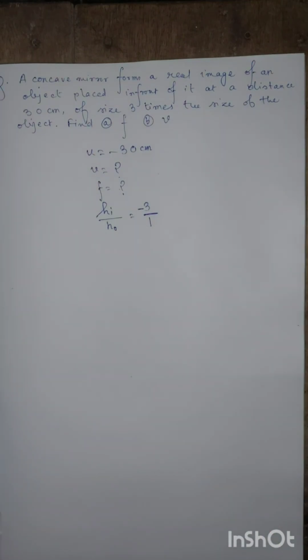We know for a concave mirror, if the object is placed at different positions in front of the mirror, then the nature of images formed will be different.